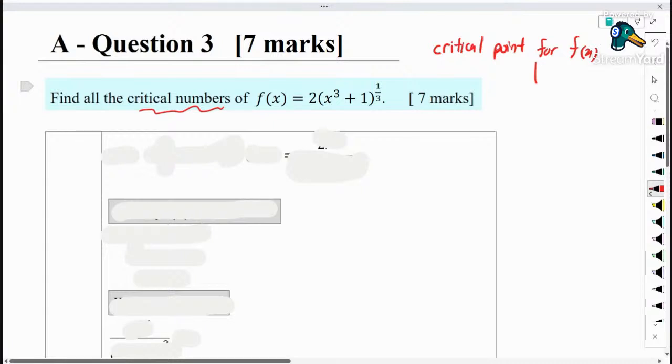The first scenario is when the first derivative is equal to 0. This is what we commonly see. This is also the case where we have a stationary point, to be specific, for the critical point. The other case is when f prime is undefined.